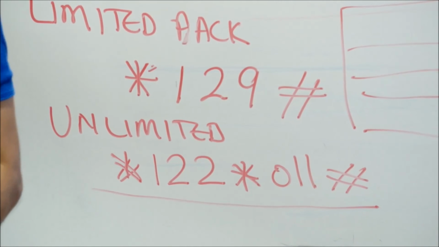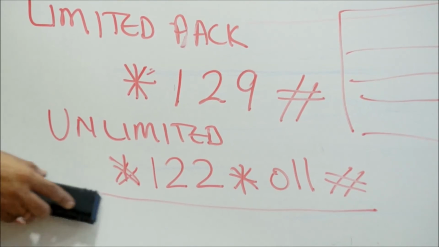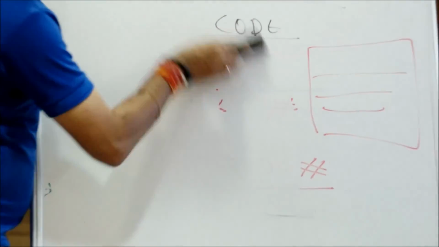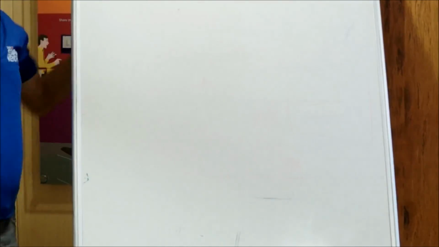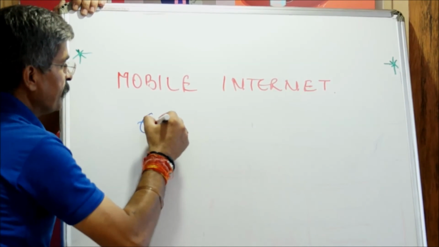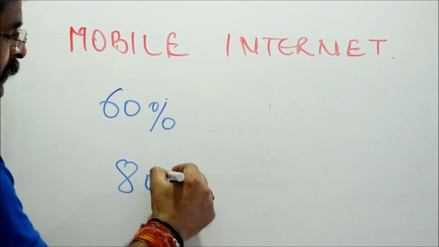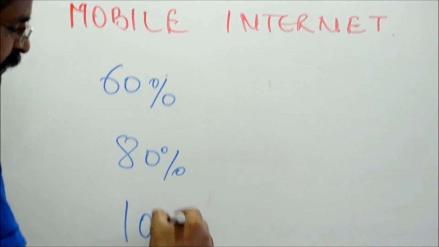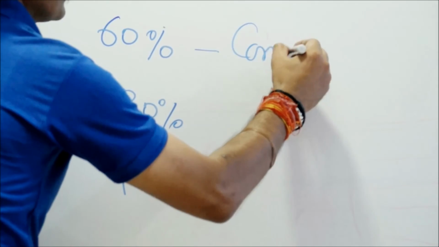Apart from this, while you are using either the limited or unlimited packs, operator also sends, in our case it will be Aircel, also sends the SMS to the customer at 60%, then 80%, and then 100% consumption of the data. This all goes on consumption.